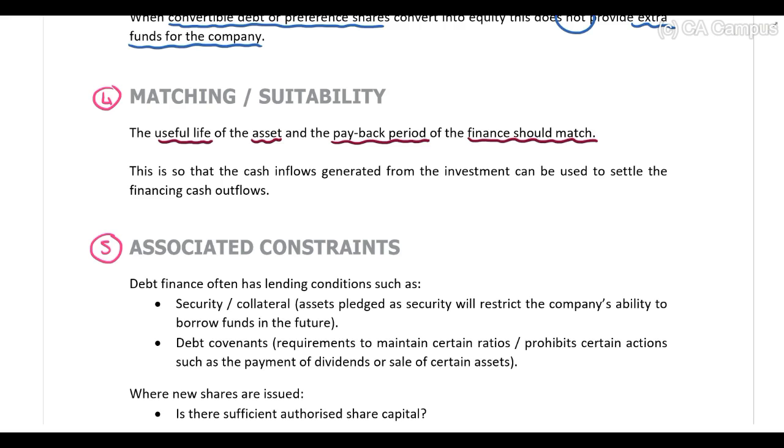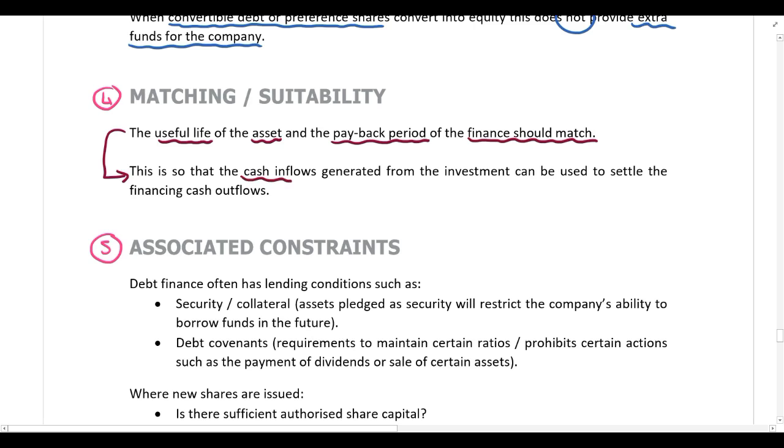You match those two. And the logic behind matching them is if the company is going to be able to use this asset for a period of 5 years, they are going to generate income from this asset over a 5-year period. And they can then use the income that they make from this asset in order to pay the finance. All right, so that's what we're trying to do here.